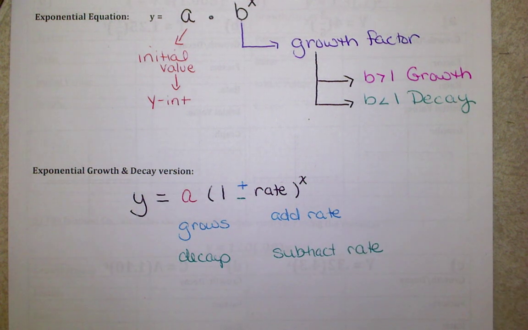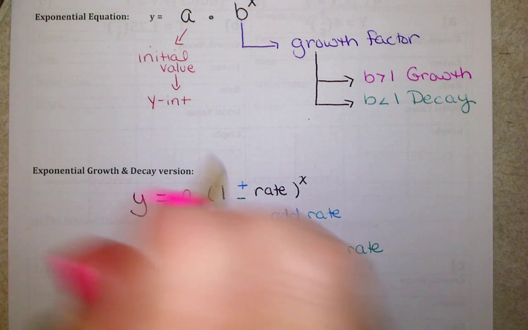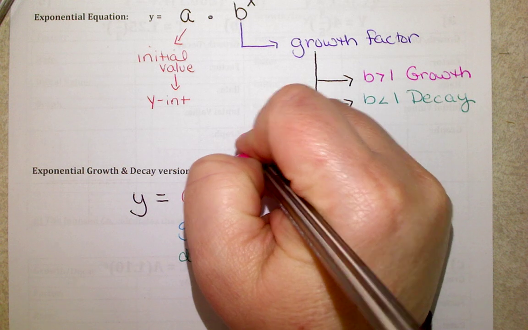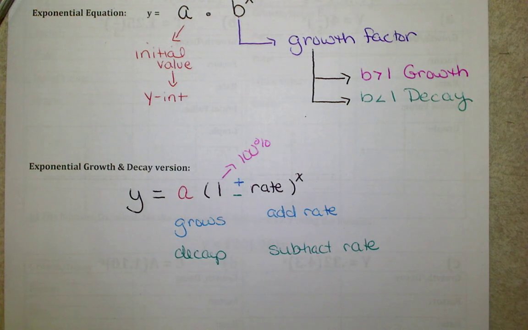All right. And remember on Friday, I said that that 1 represents 100%. So if you think about it, going back to buying a new sweatshirt, okay? You pay 100% of the price for that sweatshirt, right? But then you have to also add in tax, don't you? So that is a growth because it's increasing.